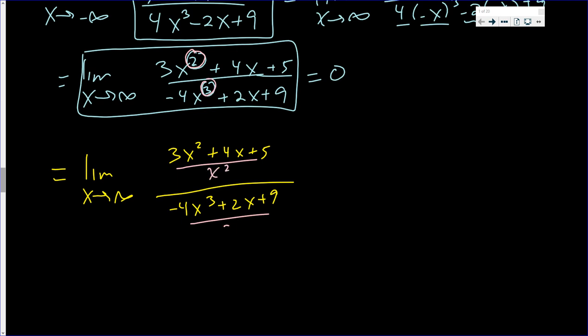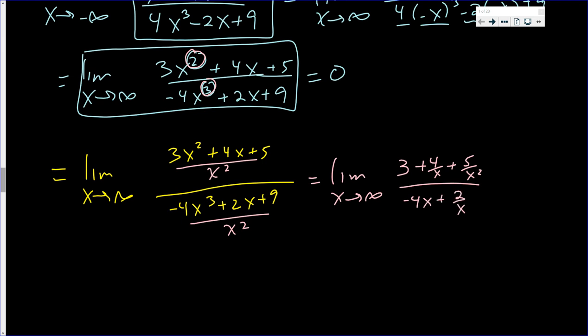So we divide by x squared. We do that division, and then we try to take the limit. We get 3 plus 4 over x plus 5 over x squared for the numerator. In the denominator, we get negative 4x plus 2 over x plus 9 over x squared.